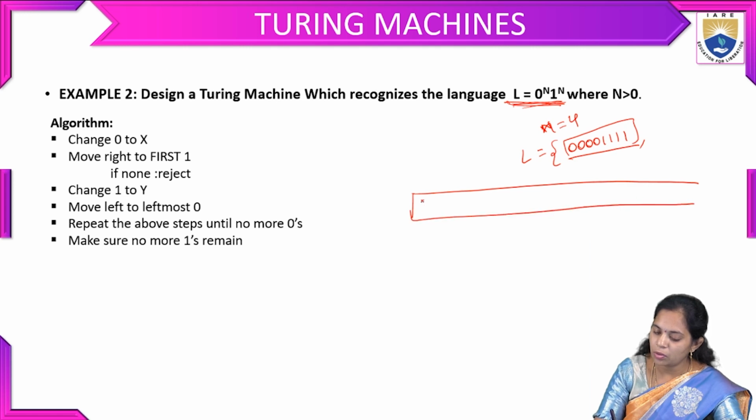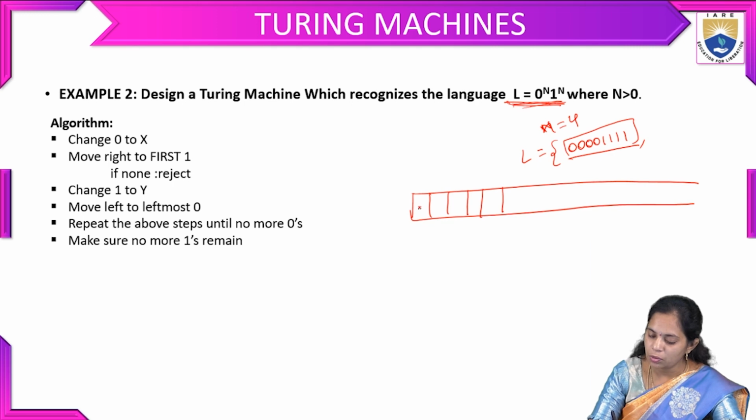First of all, we need to draw the tape with the 8 length. So 0 0 0 0 1 1 1 1, and these are all the blank symbols.